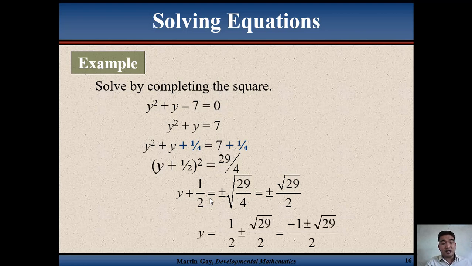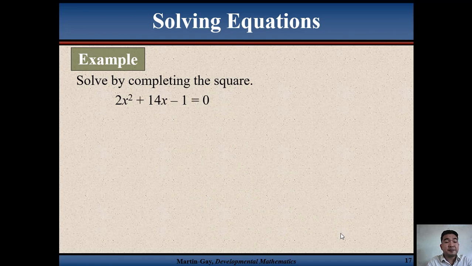Simplifying it further, you will have negative 1/2 plus or minus the square root of 29 over 2. And then we add the two fractions. Their denominators are already common, which is 2. So you will have negative 1 plus or minus the square root of 29 all over 2.